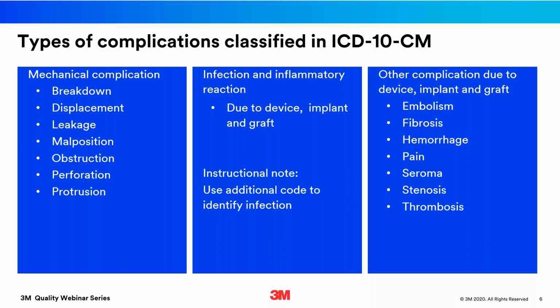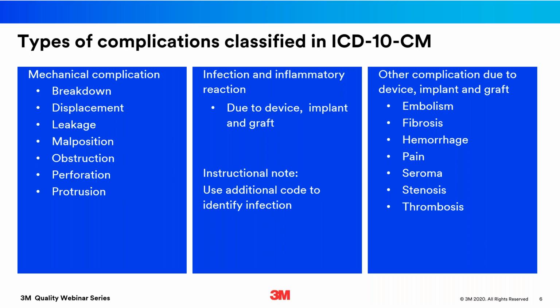What type of infection is it? And so, for example, if they have sepsis that's related to the device, you're going to put the complication code, the infection due to the device, as the principal, followed by the sepsis or the infection code as a secondary.